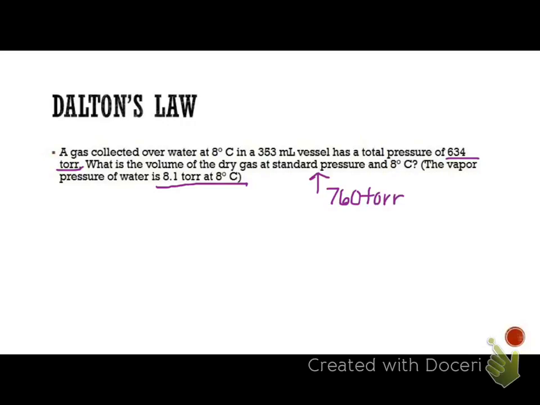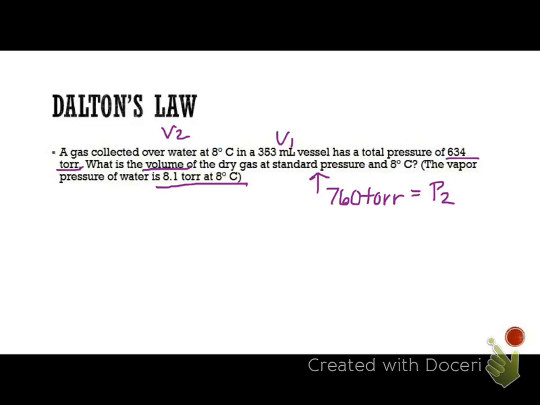So what we're actually going to need to do here is figure out the corrected pressure. This is actually going to end up being our P2. Because it's asking for volume, we're looking for V2, and we started with V1.